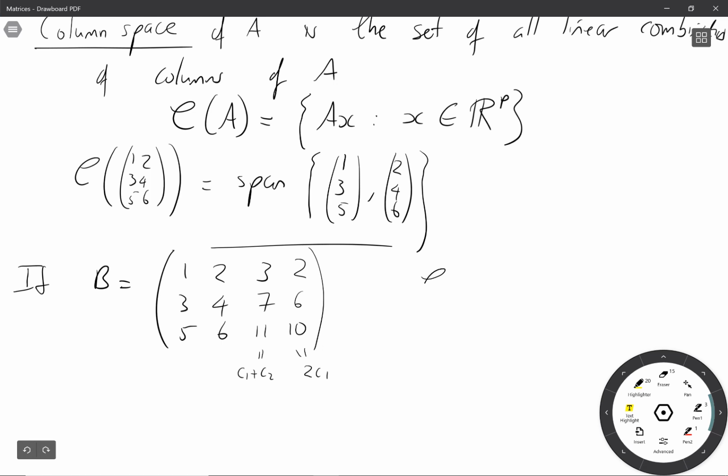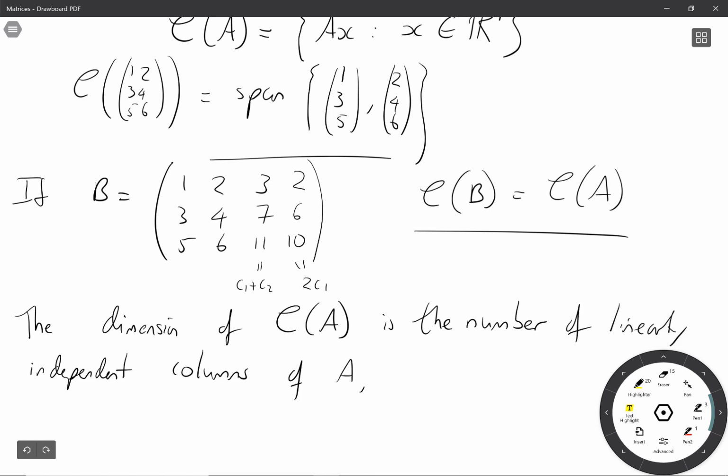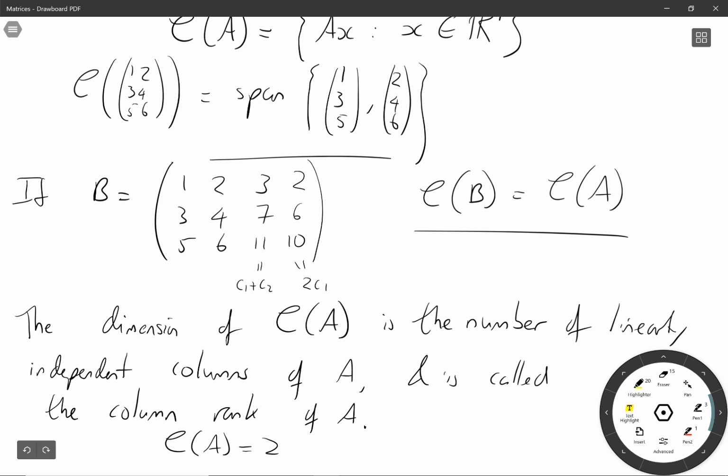So in other words, the column space of B equals the column space of A. The dimension of the column space of A is the number of linearly independent columns of A, and it's called the column rank. So note that in this case the column rank of A is 2, and that's also the column rank of B.